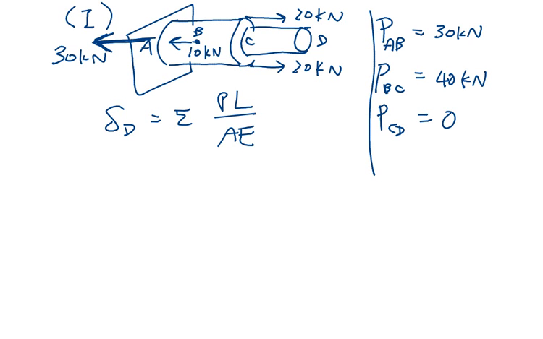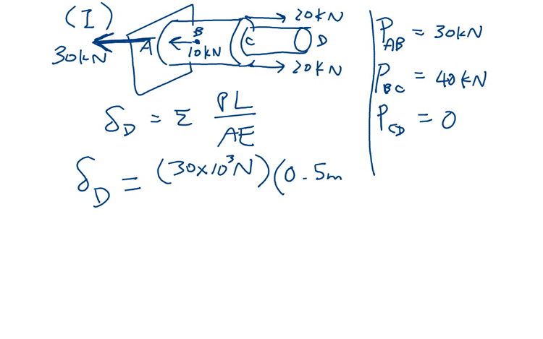All right, so delta at D is equal to 30 times 10 to the third newtons, times the length of AB. If you look back on the previous page, that was 0.5 meters. Area is pi times radius, 0.1 meters, squared.